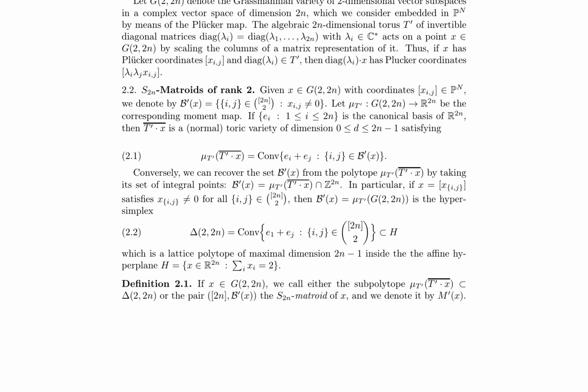The S2n matroid of x in G 2n is defined as either the subpolytope mu(T·x) subset of Delta_{2,2n} or the pair (2n, B_x), denoted by M_x.